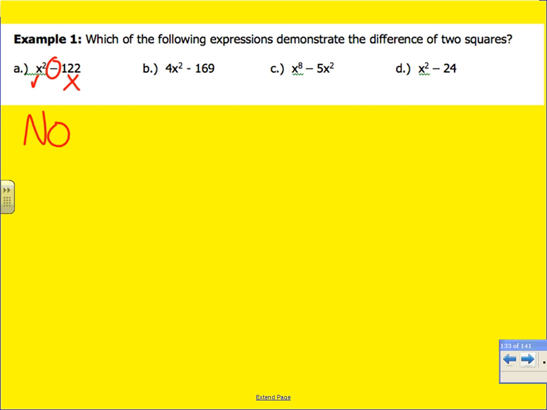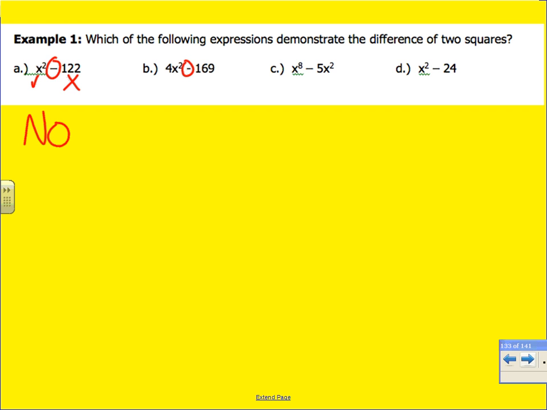Okay, letter B, we have 4x squared minus 169. First question you need to ask yourself is, is this a binomial? Yes, letter B is a binomial. There's two terms. Second question, is it a subtraction problem? Yep, there's a subtraction sign right here. Third question, is 4x squared a perfect square?